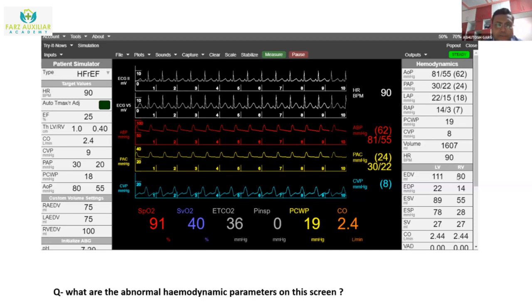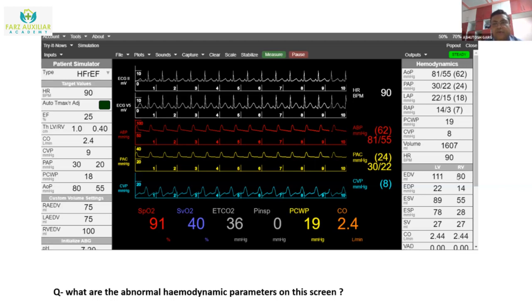So by these values, you should understand which type of shock you are dealing with. It's not necessary that a patient with MI has cardiogenic shock. It may be a mixed shock. There may be some underlying infection, septic shock, and the patient gets septic cardiomyopathy. So the picture may be confusing. You should be very clear in your mind about the filling pressures, PCWP, CVP.